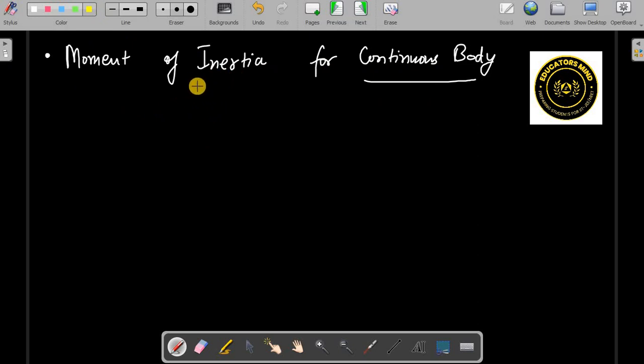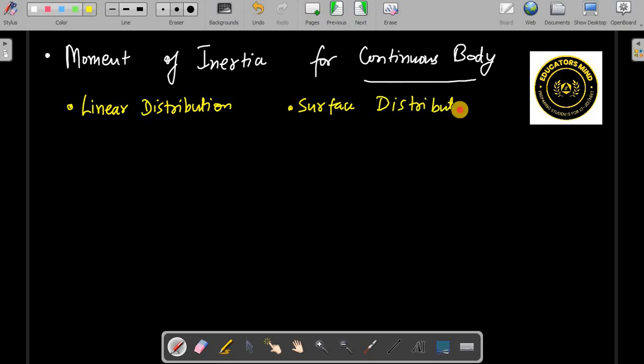As you already know, there can be linear distribution, surface distribution, or volume distribution.